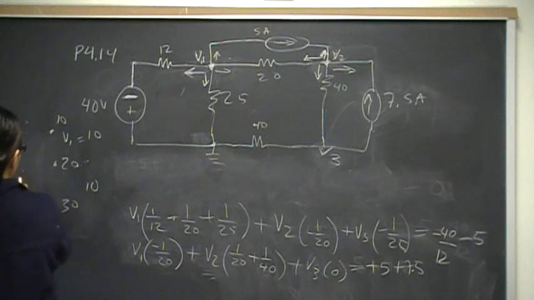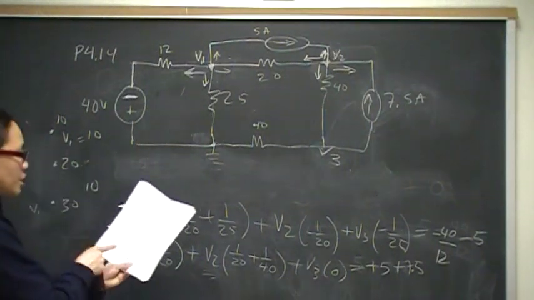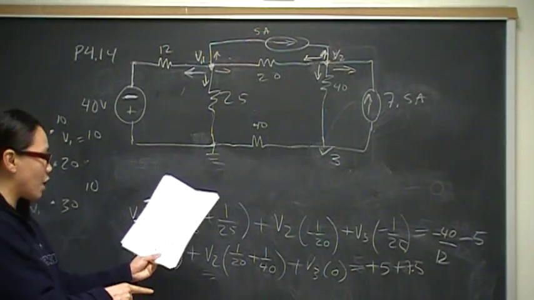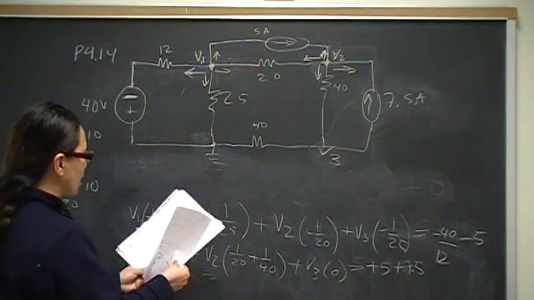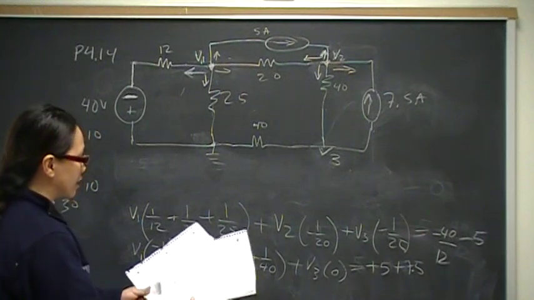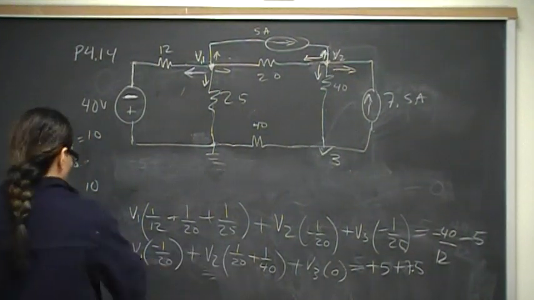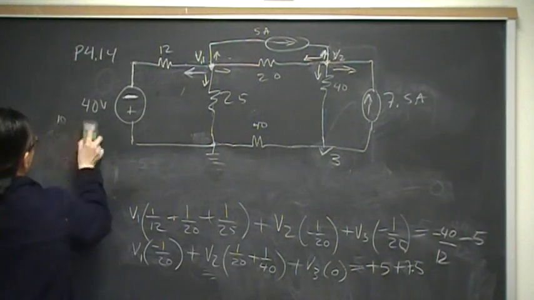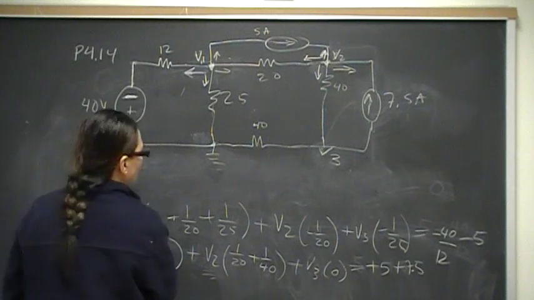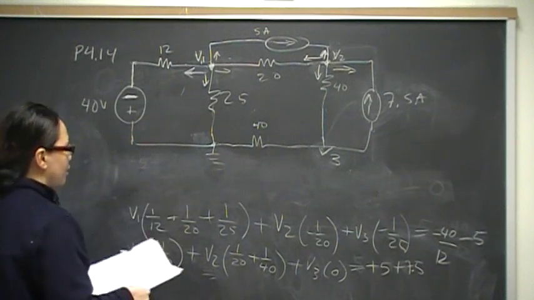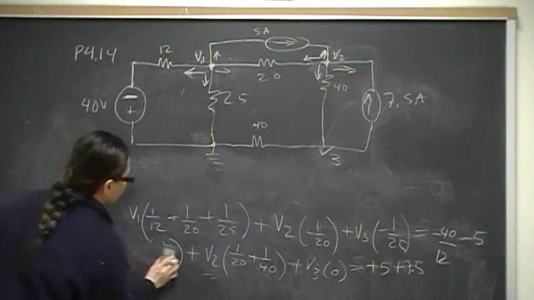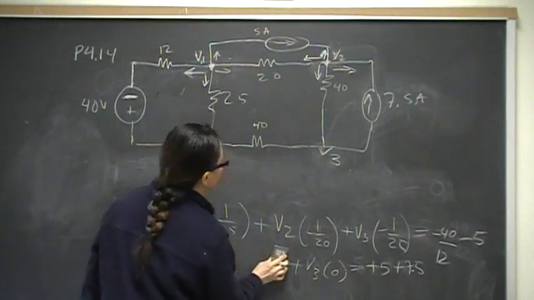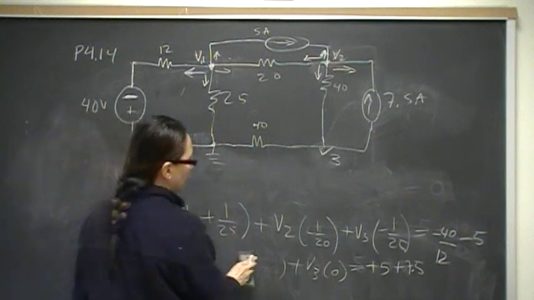I just want my answers to match what I have already worked out, because I've already calculated the numbers with respect to the original one, so I'm going to stick with what I did originally. So I chose this as my V3. I'm going to redo my second equation. My first equation is the same because my first equation doesn't touch V3 at all.